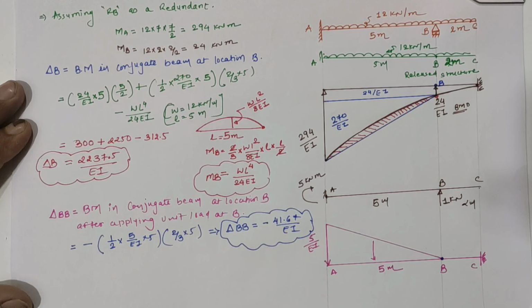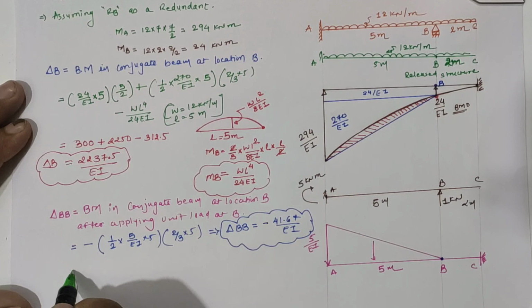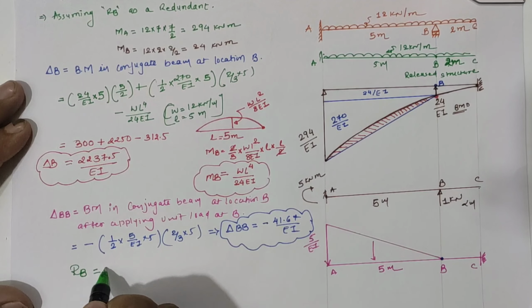Now, according to the consistent deformation method, our resultant value RB must be equal to minus delta B divided by delta BB.